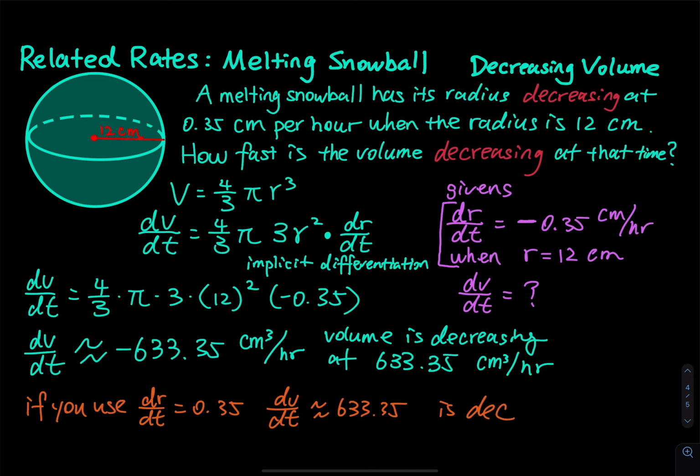Make sure you add another sentence and say the volume of the snowball is decreasing at that rate. When you use the positive, you have to keep one thing in your mind. Keep reminding yourself that this is a melting snowball, the rate of change of the volume has to be negative, and the volume of the snowball is decreasing.